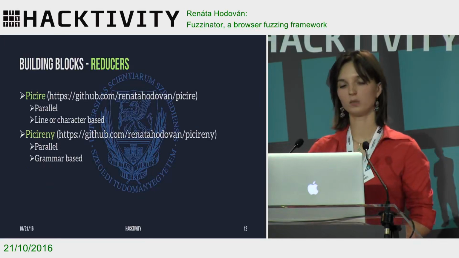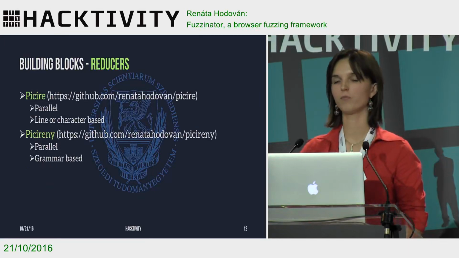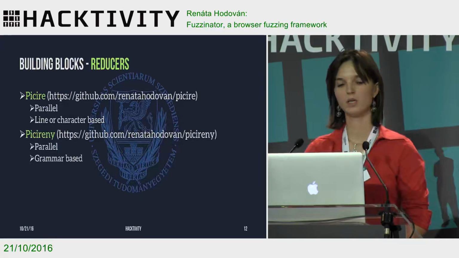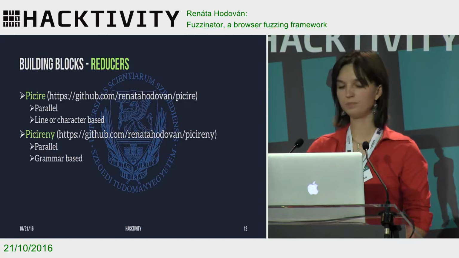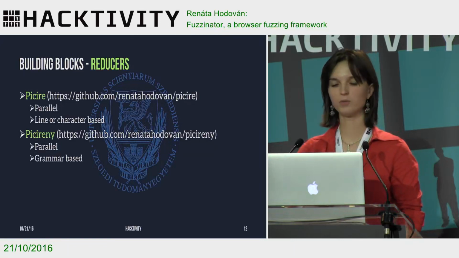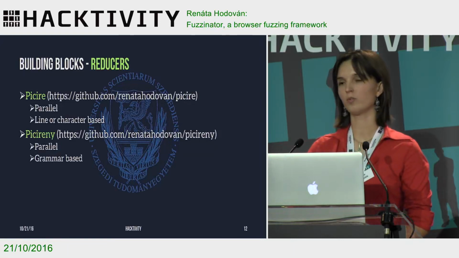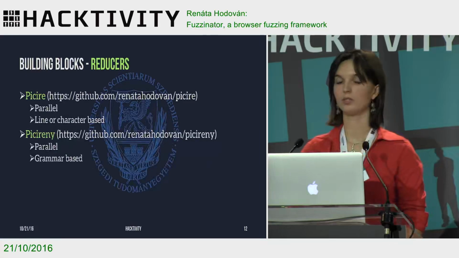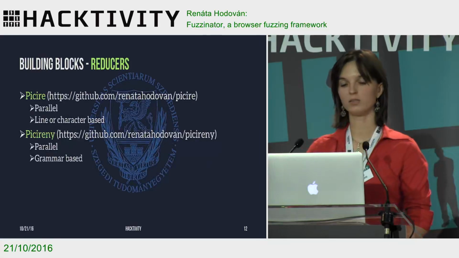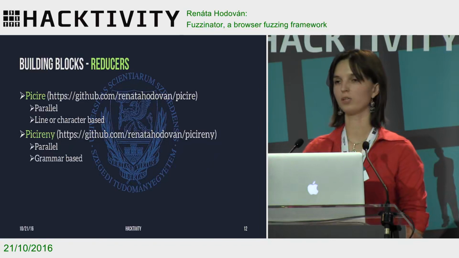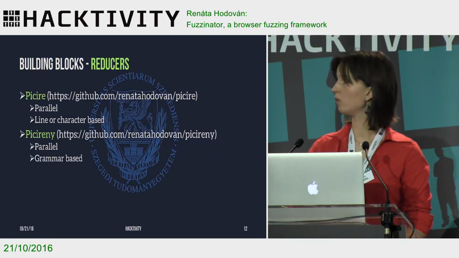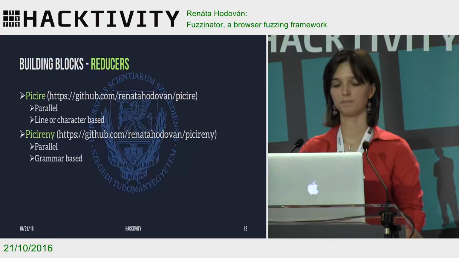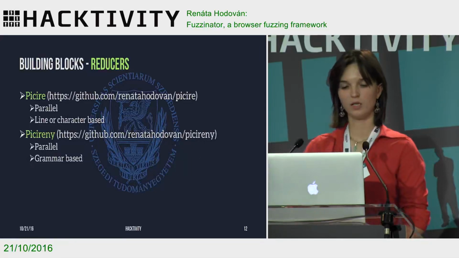And our last building blocks are reducers. We have two options for you: Picire and Picireny, both of which are available from GitHub and were released a few months ago. Both tools are based on the traditional delta debugging algorithm, but they are extended and both of them can run in multiprocess mode, speeding up the original algorithm very much.